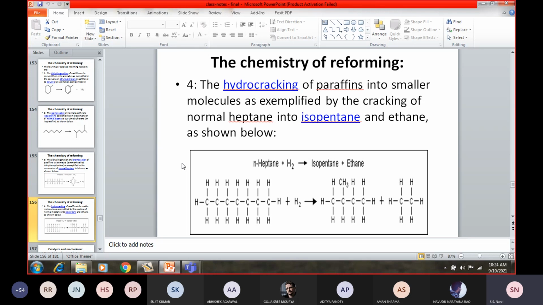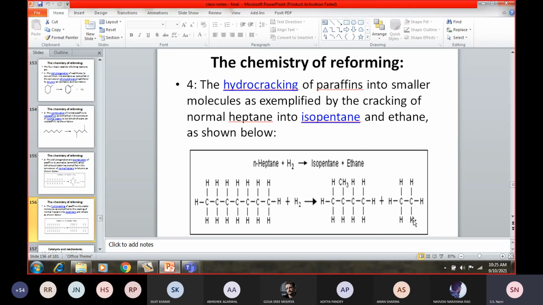Then the fourth reaction is hydrocracking reaction, where a straight chain molecule, a long chain one, isn't it, normal heptane. Why we have taken normal heptane? Because normal heptane has 0 octane number, isn't it? Then with the addition of hydrogen, it gets converted into isopentane and ethane molecule, isn't it?